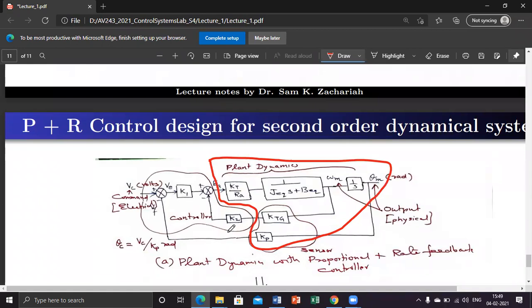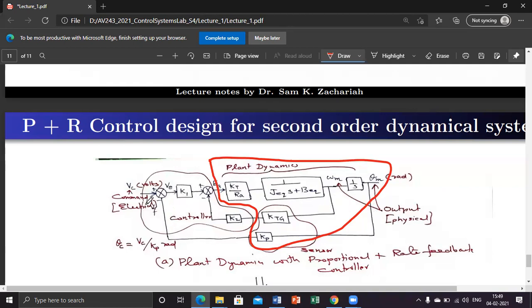2-degree of freedom means there are 2 independent variables. One variable is the position, another variable is the velocity. Both are fed back, and we have independent gains. Omega m is fed back, converted into electrical and multiplied by K2. And theta m is also converted to electrical quantity and multiplied by K1.